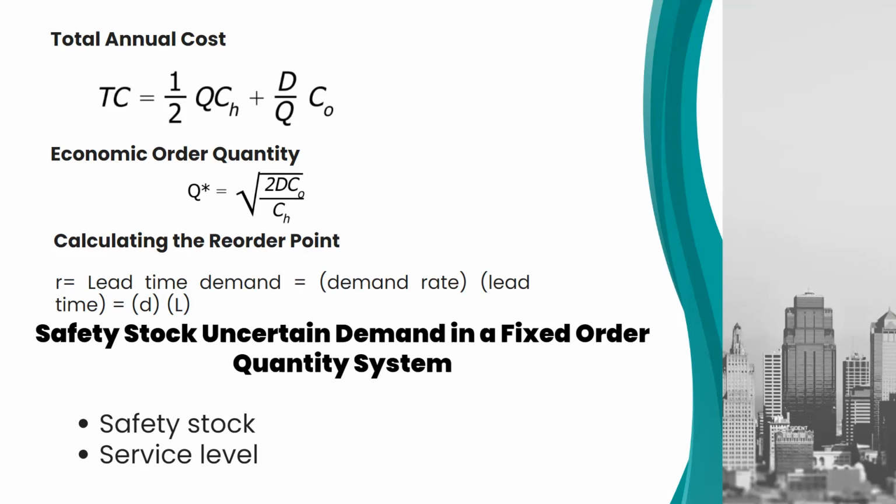It's often expressed as a percentage and represents the probability that customer demand will be met from available inventory without stockouts. In other words, service level measures how often a company can deliver products or services to customers as expected. Next slides po.